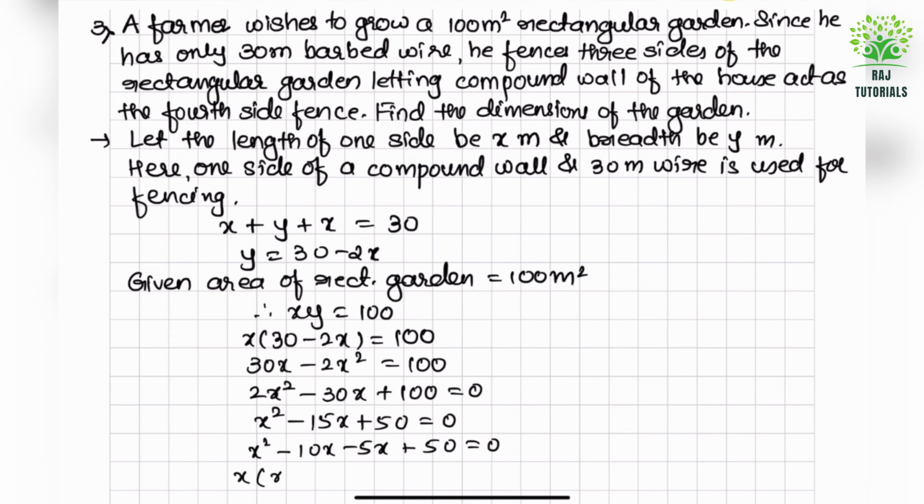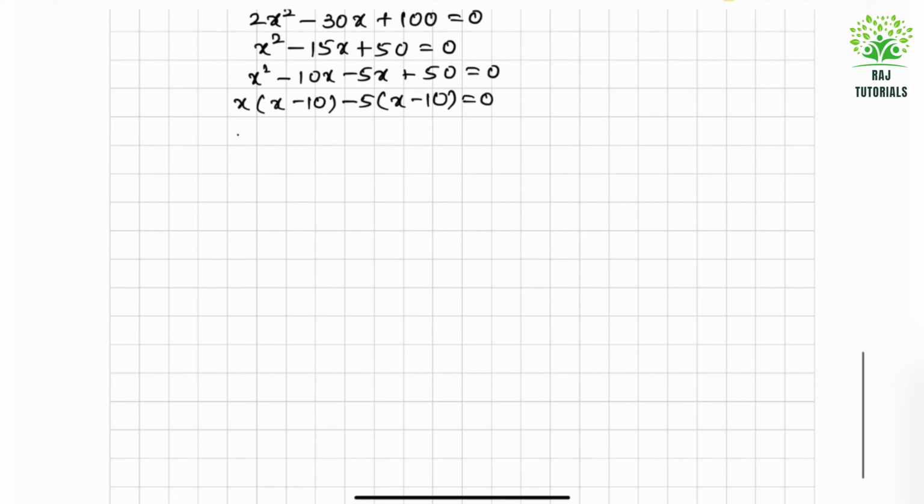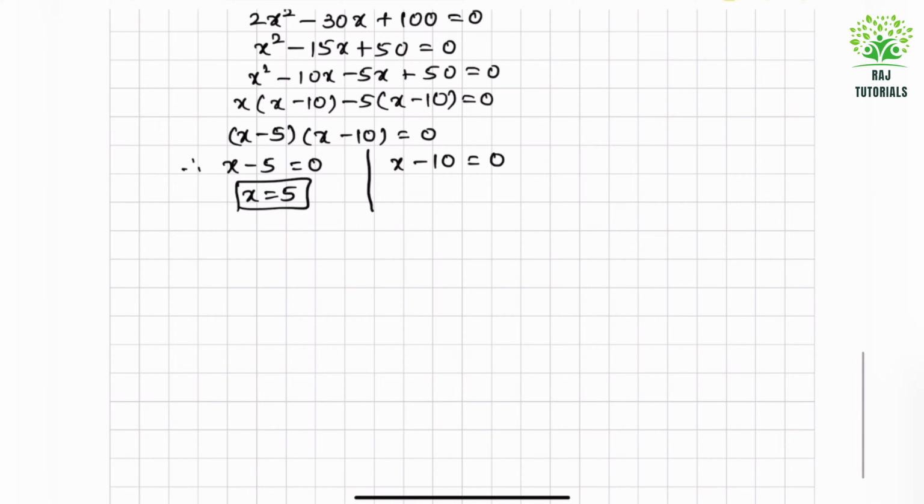So x into x minus 10 and minus 5 into x minus 10 equal to 0. So I can say x minus 5 into x minus 10 equal to 0. Therefore, either x minus 5 will be 0 or x minus 10 will be 0. So either x can be 5 or x can be 10.